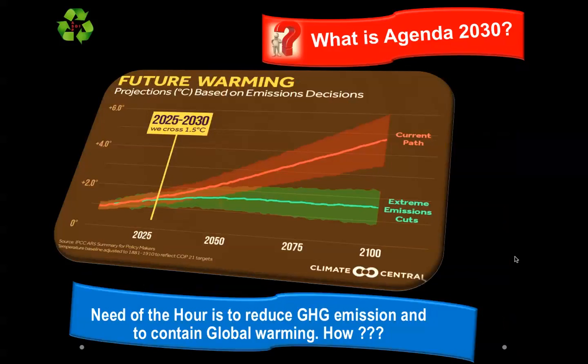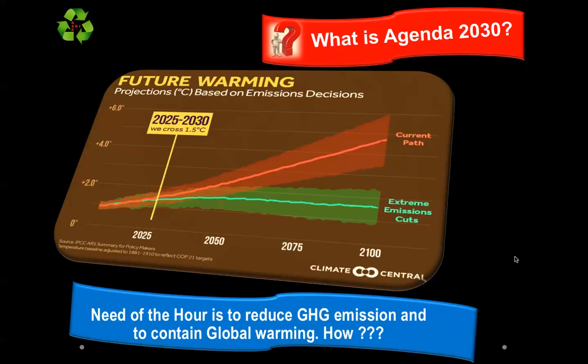Now, we also talked about the 2030 agenda. The whole globe, the international community, is referring to what is known as the 2030 agenda. This is nothing but what we discussed in one of the previous slides, the Paris summit and all those things. And what exactly is the 2030 agenda?